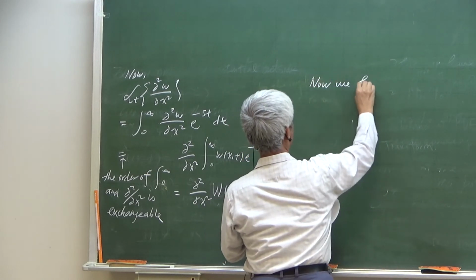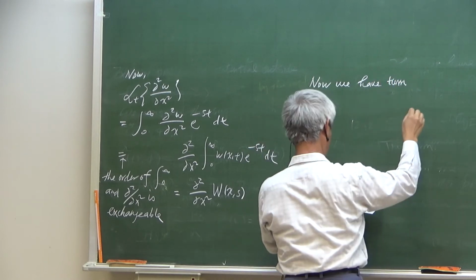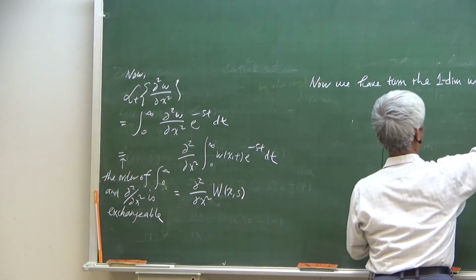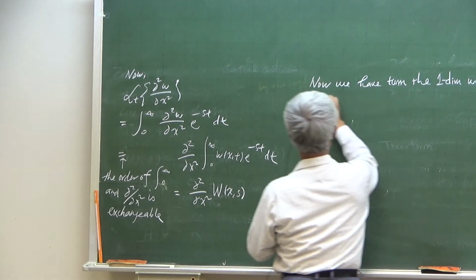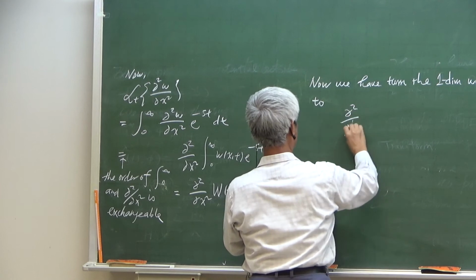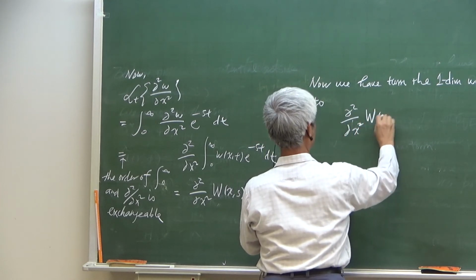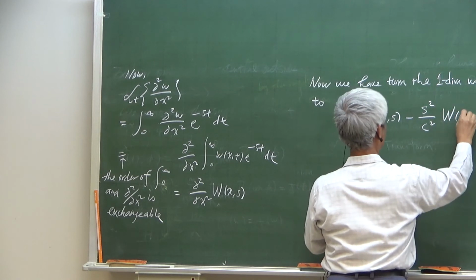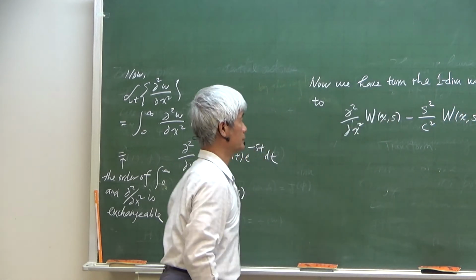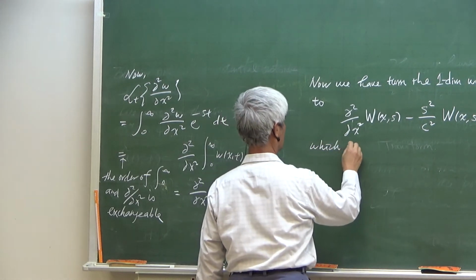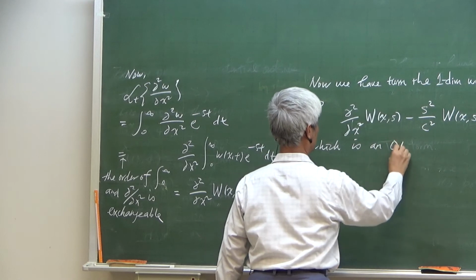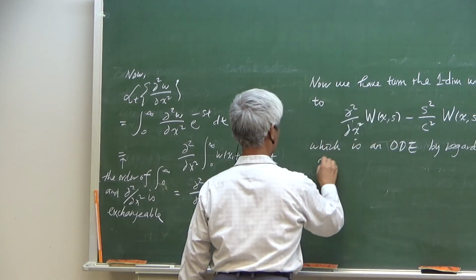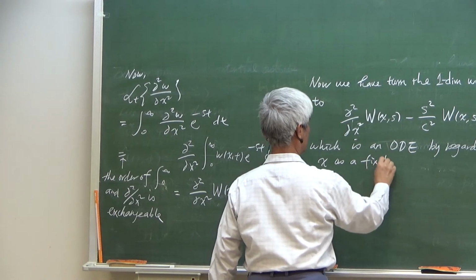Now we have turned the one-dimensional wave equation into this equation with C squared, which is an ODE by regarding x as a fixed parameter.